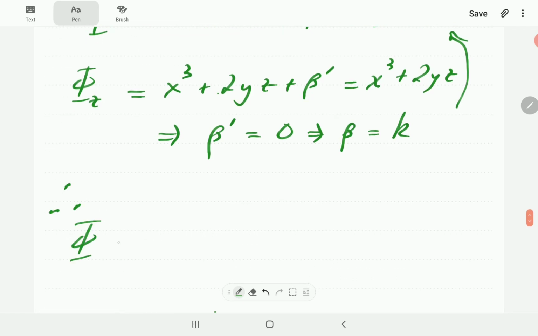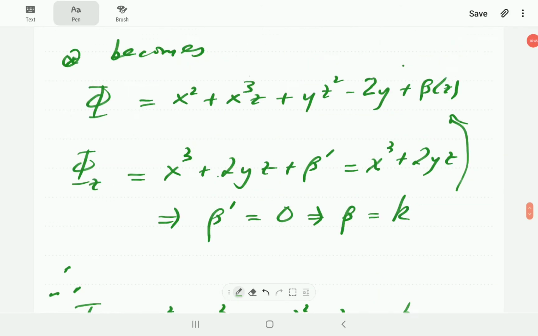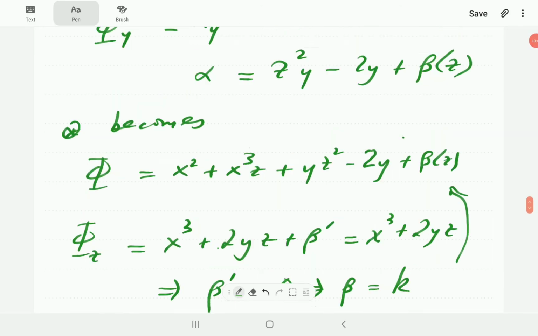So phi, which is our potential function, is x squared plus x cubed z plus y z squared minus 2y plus a constant k. And so that sorts out our part B.